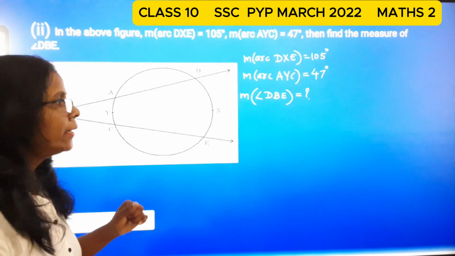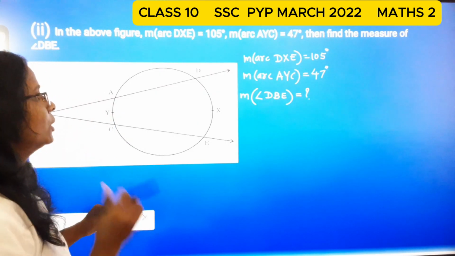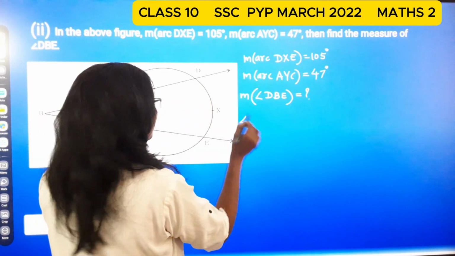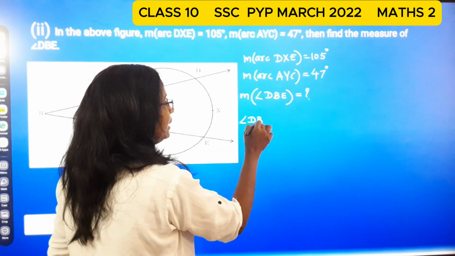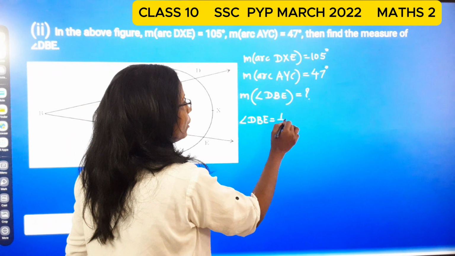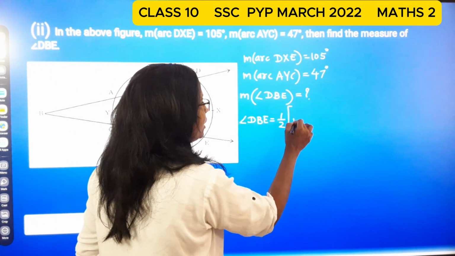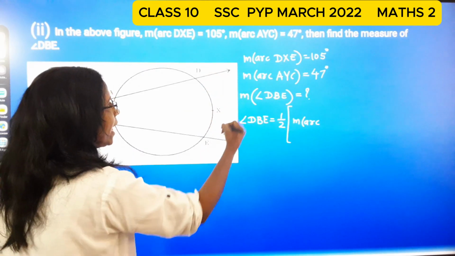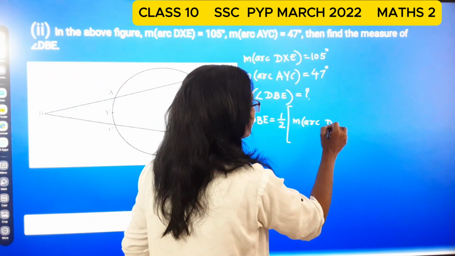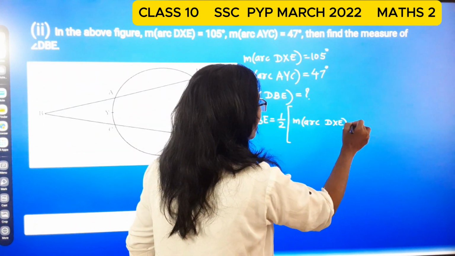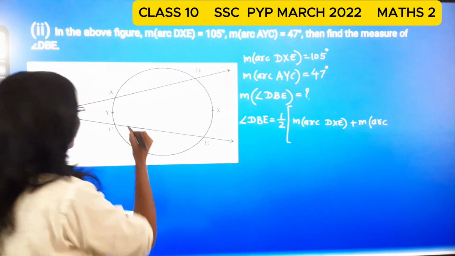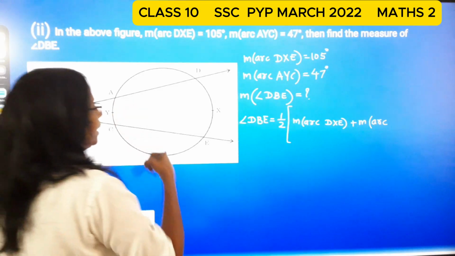Then I write the formula: angle DBE is equal to half of the measure of arc DXE plus measure of arc AYC.